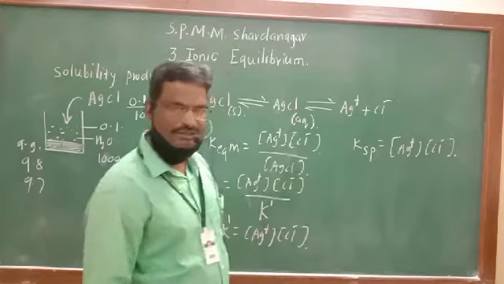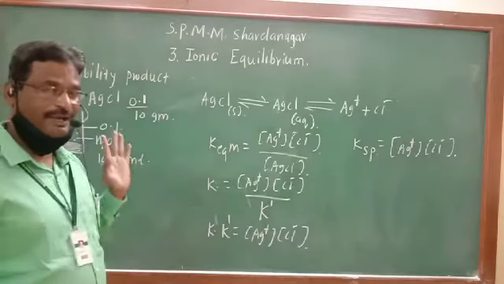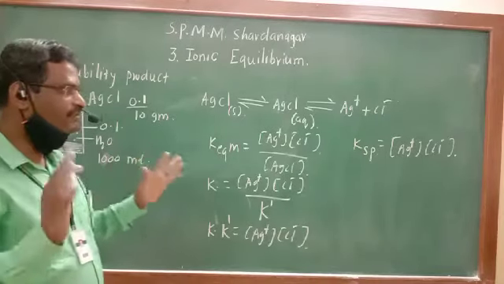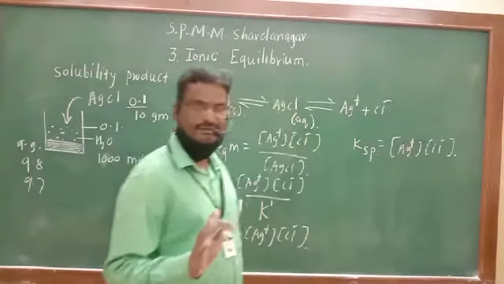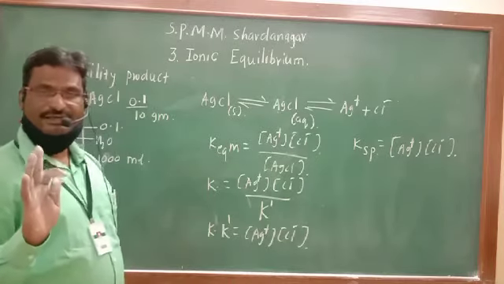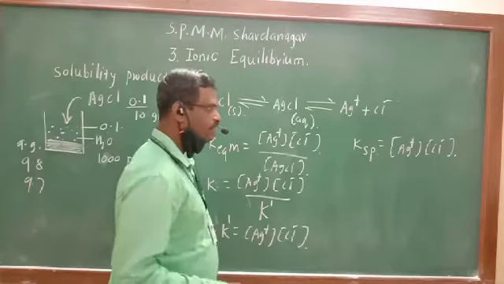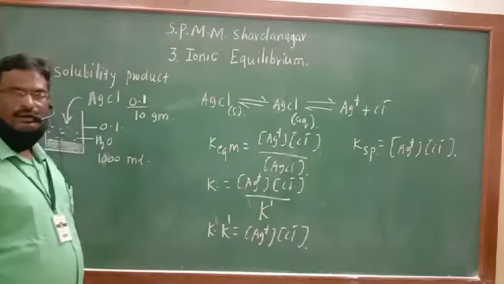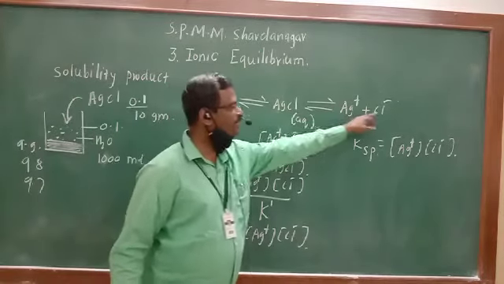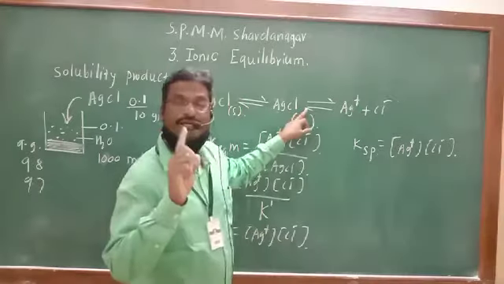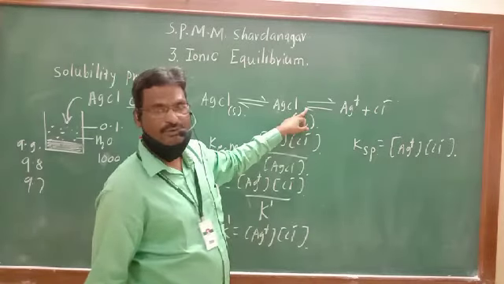Solubility product constant of a sparingly soluble salt is defined as the product of concentrations of the ions raised to an appropriate power equal to the coefficients of ions in the equilibrium equation of that sparingly soluble salt.